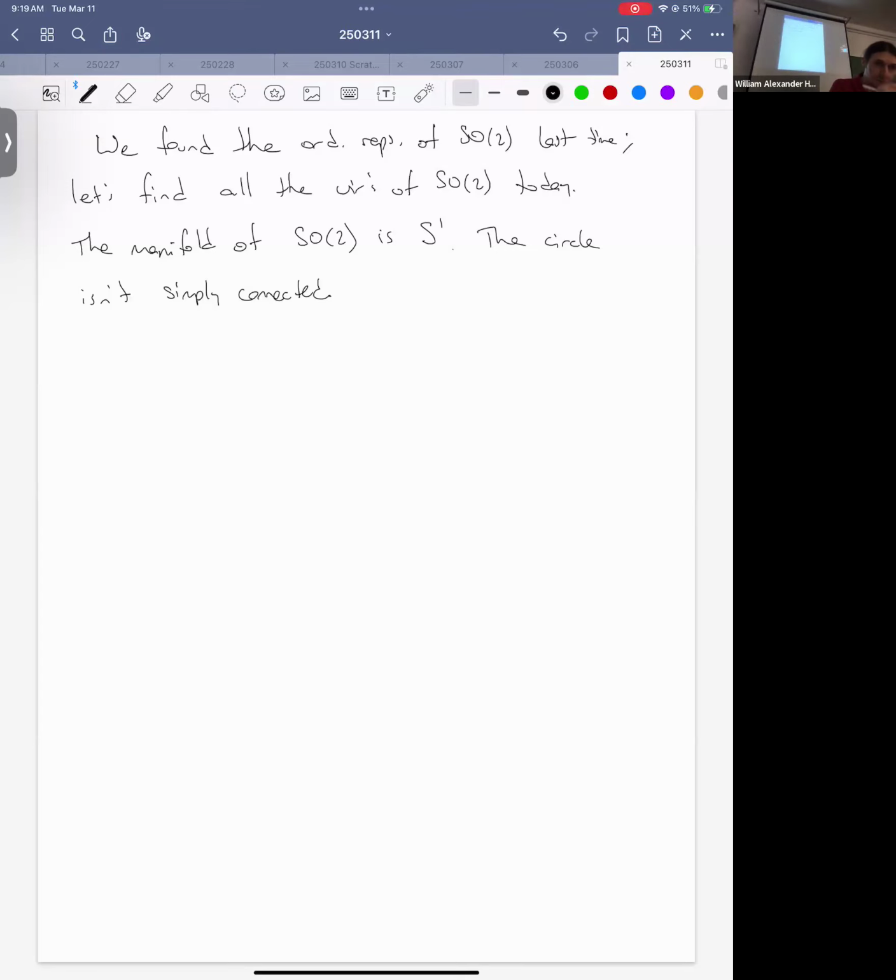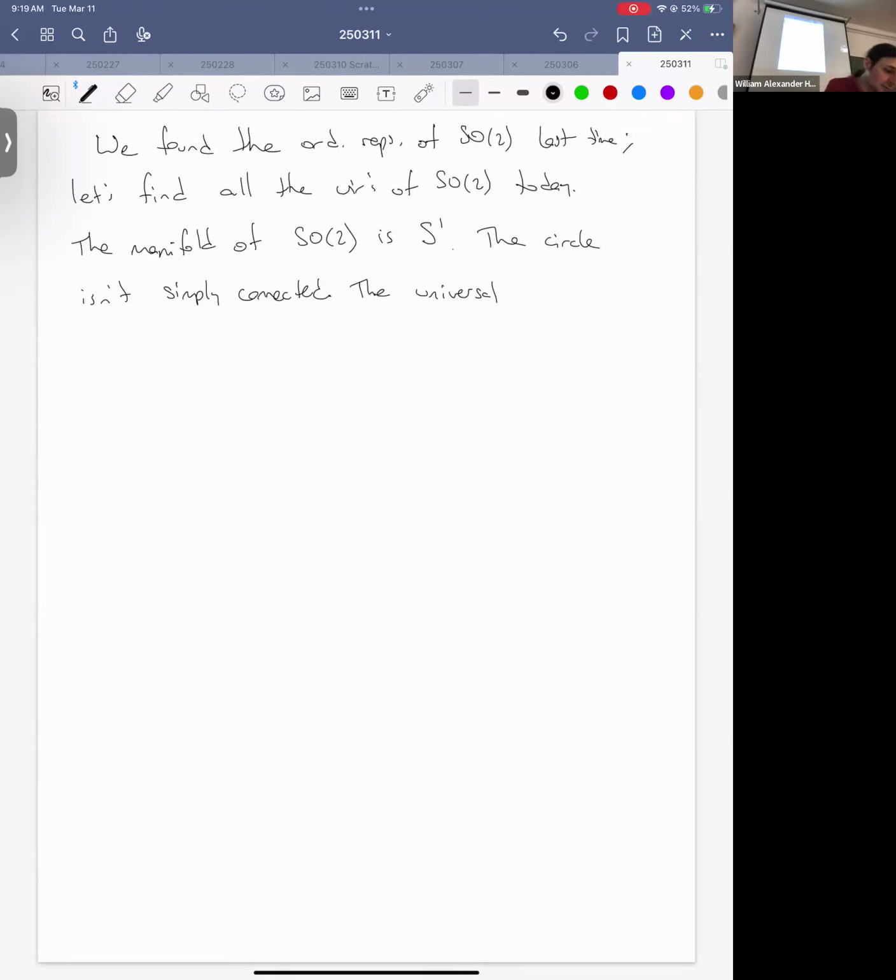All right, great. Now the universal cover, because we want to find all of the unitary representations of SO2, we go to the universal cover of SO2, because we know that for the universal cover, all of the representations of that group will be ordinary, and I can find all of the ordinary and projective representations of SO2 in some algorithmic way from the representations of the universal cover.